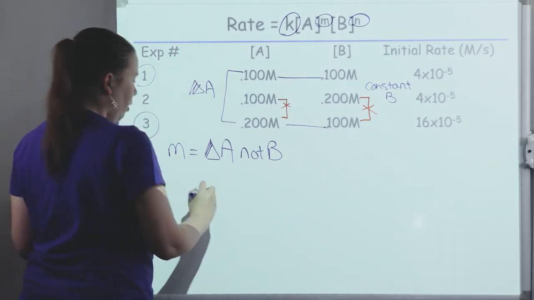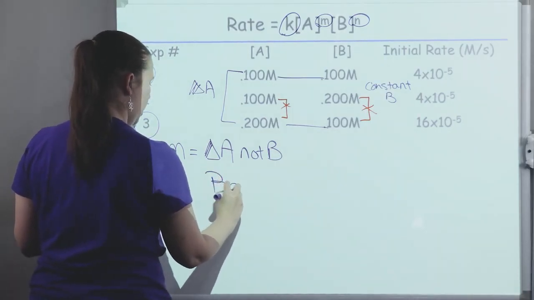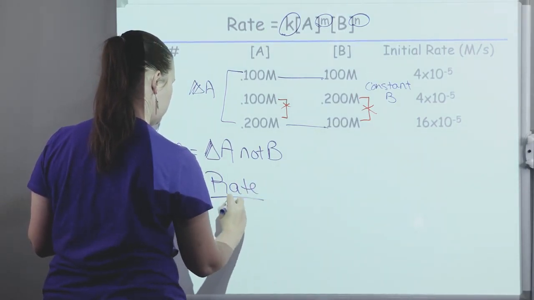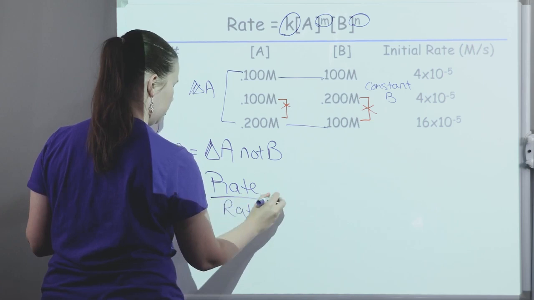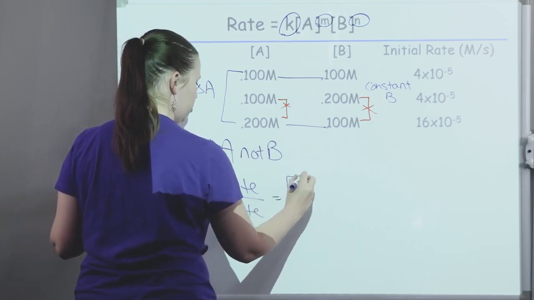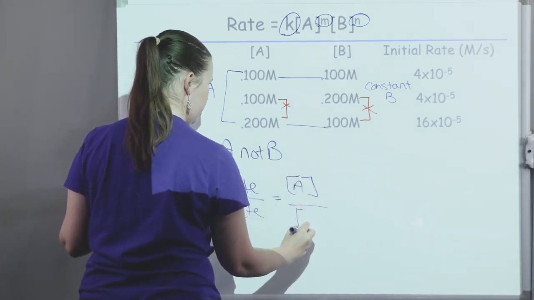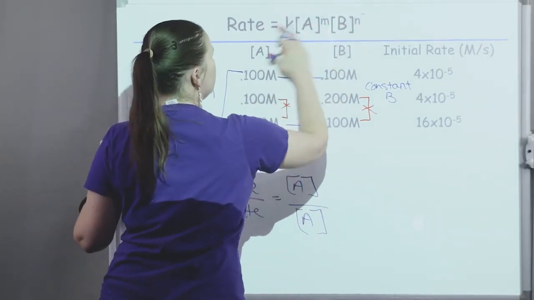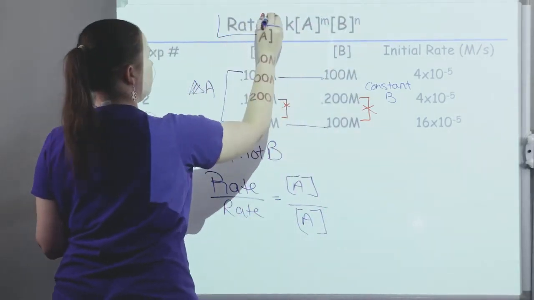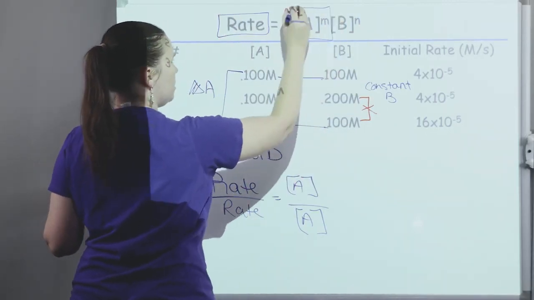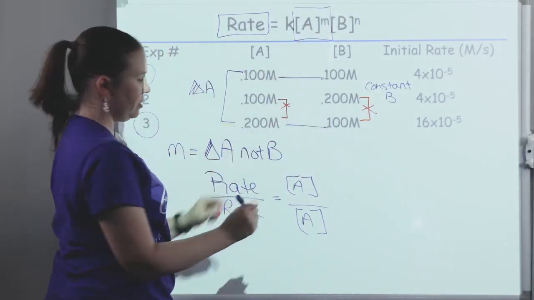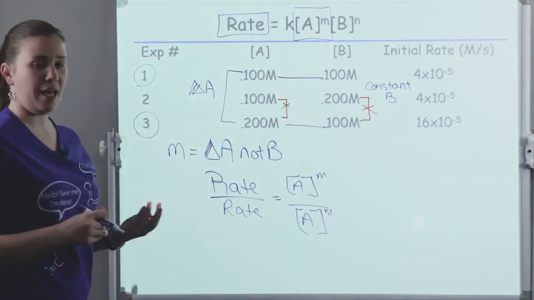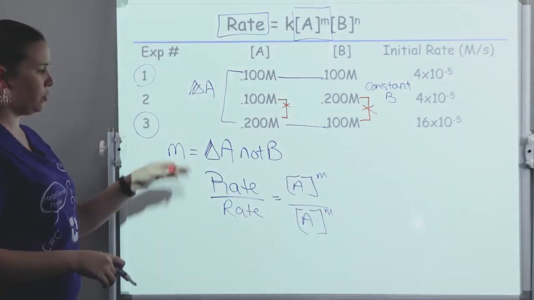What I want to do to calculate M is look at the comparison of their rates. Rate ratio as the concentration of A affects it. So I'm basically finding a ratio of the rate to my A, but notice A is to the power of M. So actually M is my unknown when I'm solving for this.